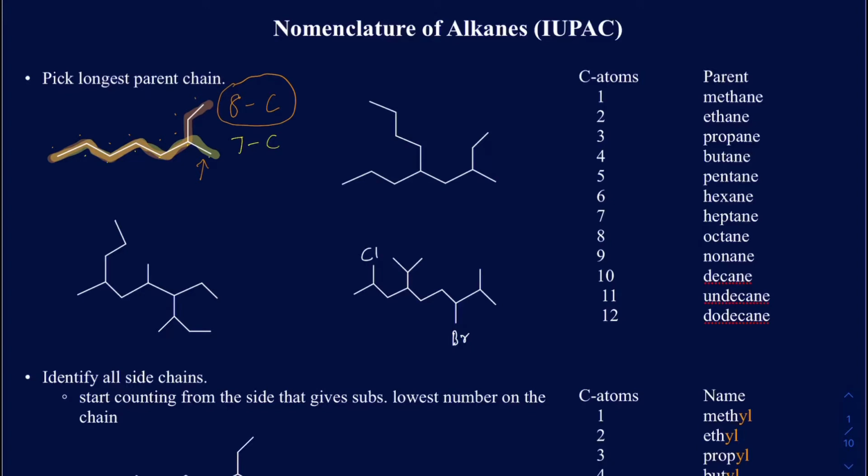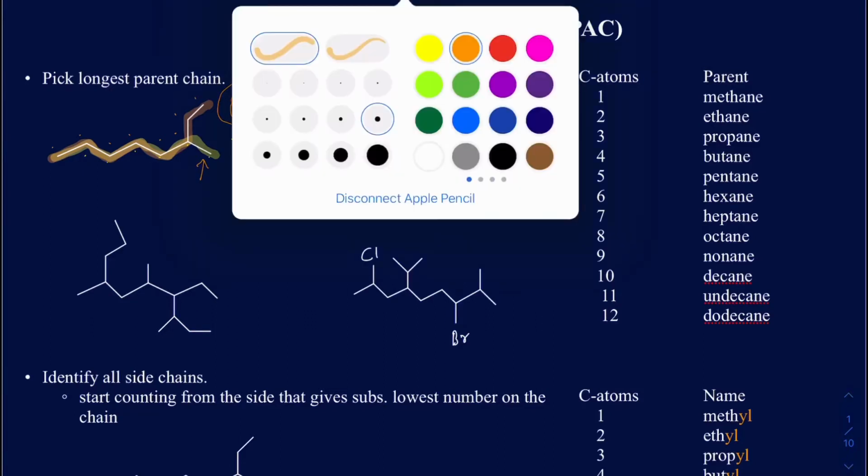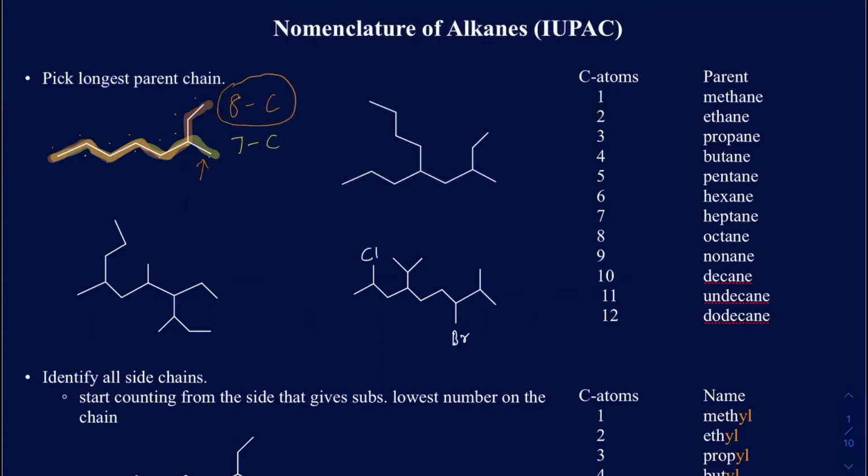Okay, so I assumed you paused the session and you did your work, and let's see if it matches with what I have here. So when I'm looking at my second example here, one of the possibilities I get, so I'm just going to keep the same color there, is probably this right there. That's something that comes in your mind here, being the longest. If we pick this one, I got 1, 2, 3, 4, 5, 6, 7, 8. So I'm going to have 8 carbons in this particular case.